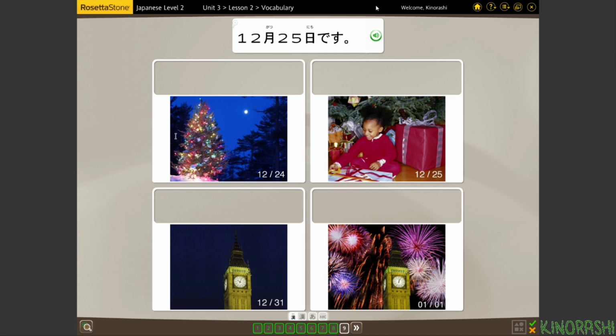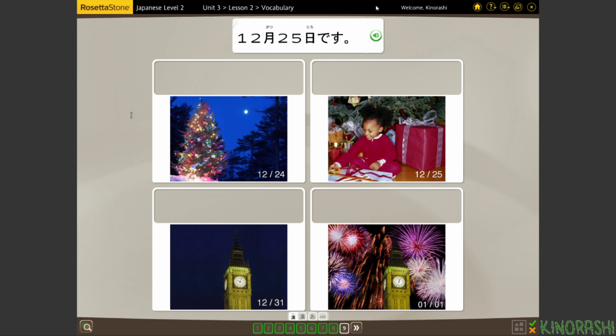Let's see. Ichigatsu. Oh, that's January. Sorry, ichigatsu is January. Let's see.